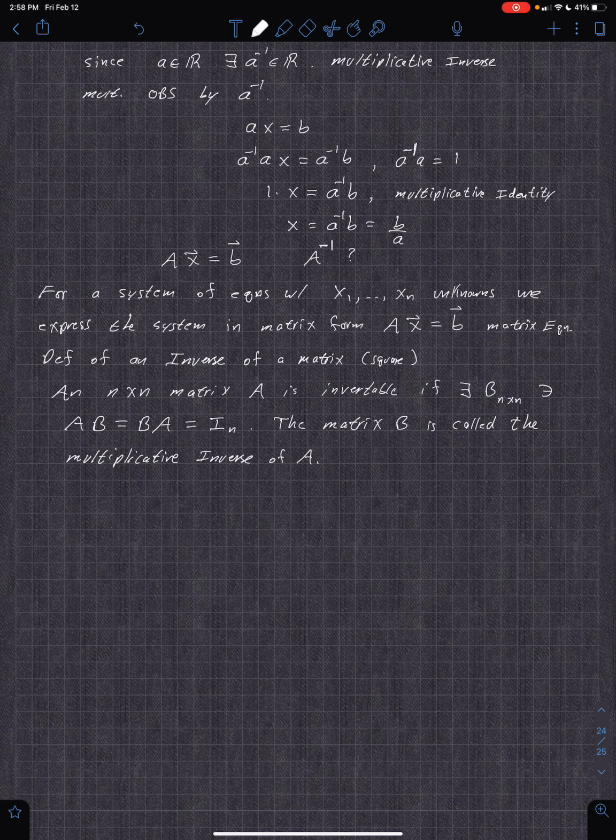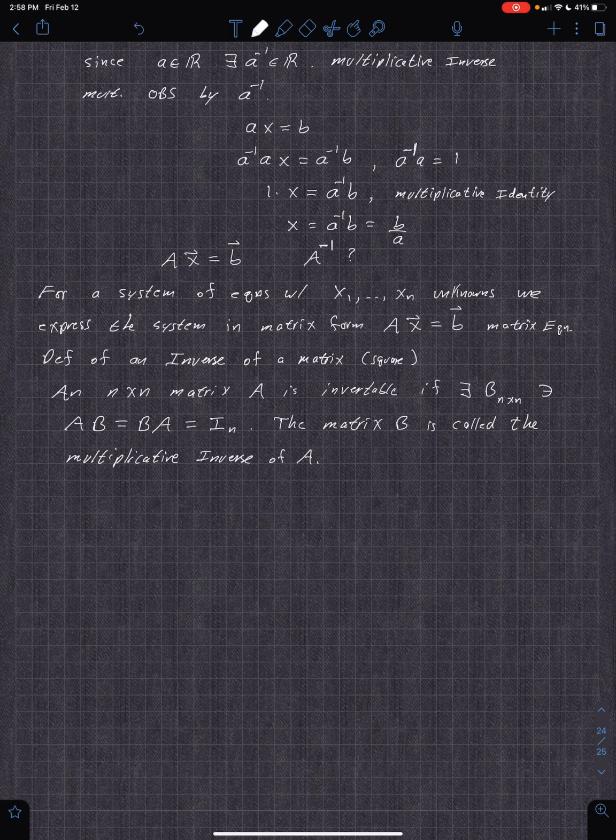So if B does not exist for the matrix A, then A is called singular, or we just say A is singular. So singular, non-singular has to do with that.